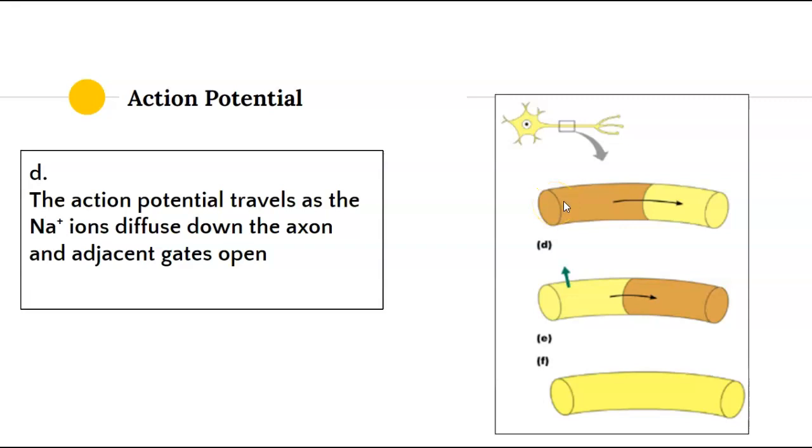Now we're in the next step. Look at how this action potential is traveling down, because the gates in the sodium-potassium pump to let sodium ions in are opening. As they open, the action potential moves and moves and moves, all the way down the axon.